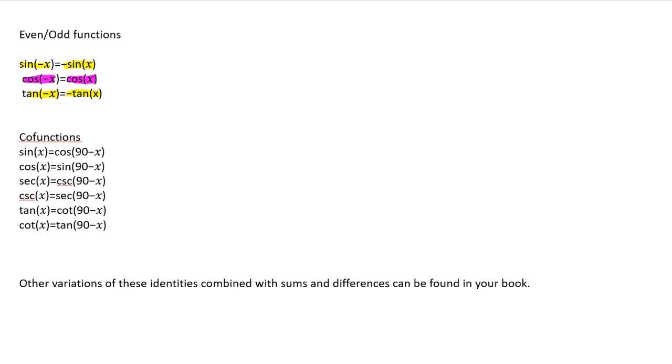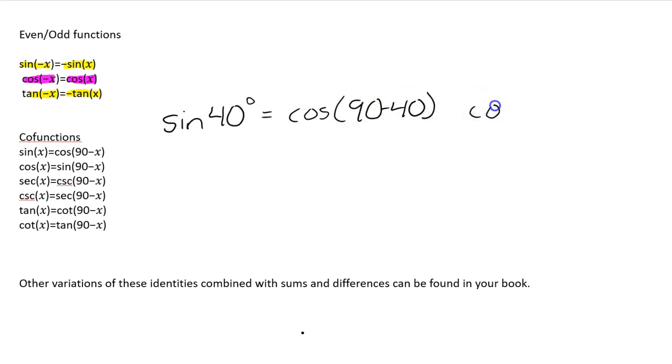As far as cofunctions, though, we have talked about this already in chapter 6. Okay, we wanted to think about it as complements of each other. We know complementary angles add up to be 90 degrees. All right, so if I had a value of sine of 40 degrees, we know that that would be equivalent to cosine of 90 minus 40, which would be 50 degrees.